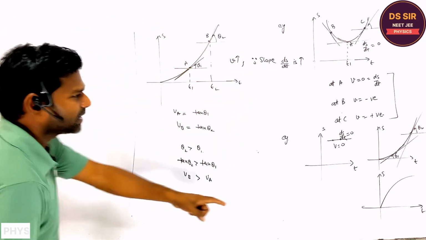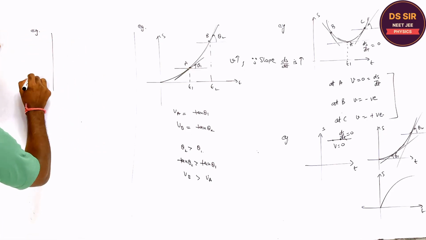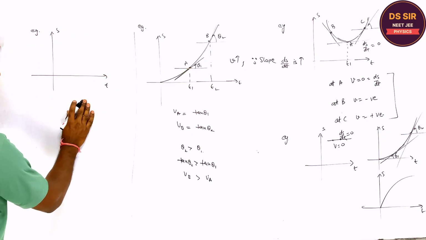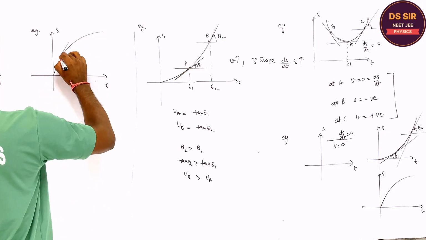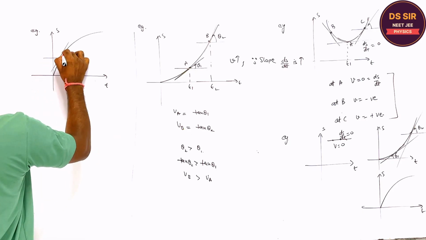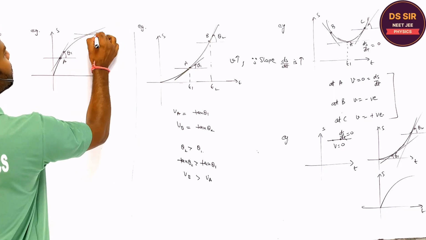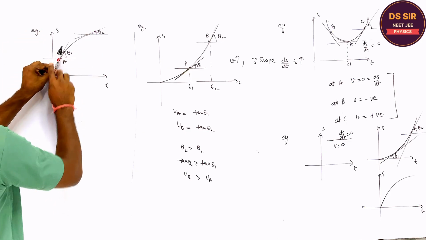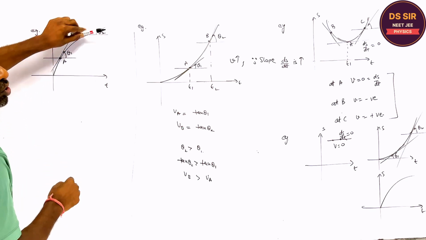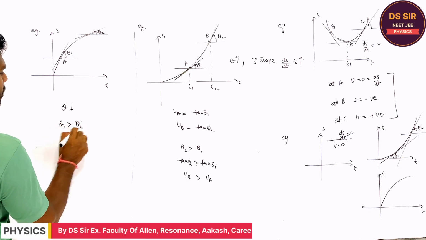Now listen, one thing. This is the first example, and you may write the second example here. Suppose this is s and this is time, and the graph is like this. If you draw the tangent, this is the angle, suppose theta 1 at point A, and if you draw the tangent over here, this is the angle, say theta 2. So as you see, the angle with the horizontal is decreasing. Theta 1 is greater than theta 2.